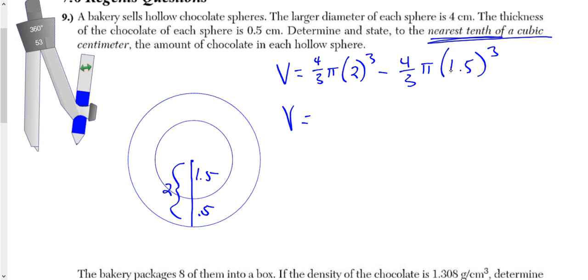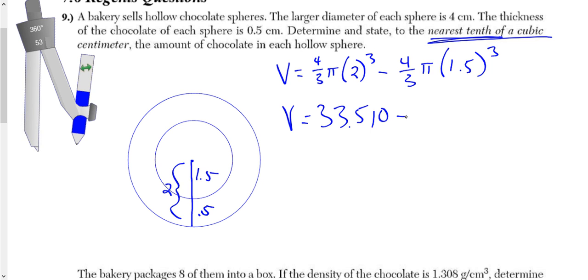And now I should probably recap. You know what's funny? If I get the same answer that I had in my book with this, that means I just miscopied stuff and got the right answer. All right, so 4 divided by 3 times pi times 8, 33.5.